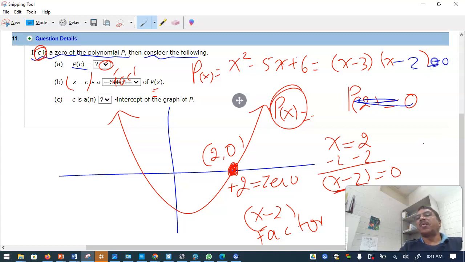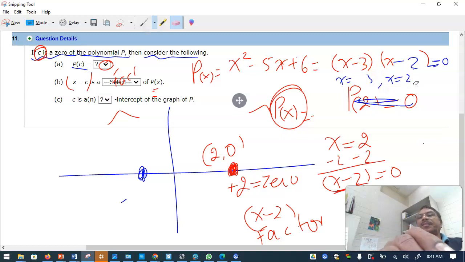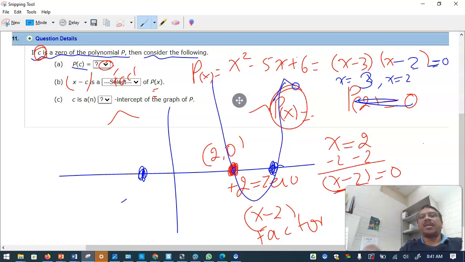When is this equation going to be 0? Either x is 2 or x is 3. So this is 2, this is 3, and the graph is something like this here.